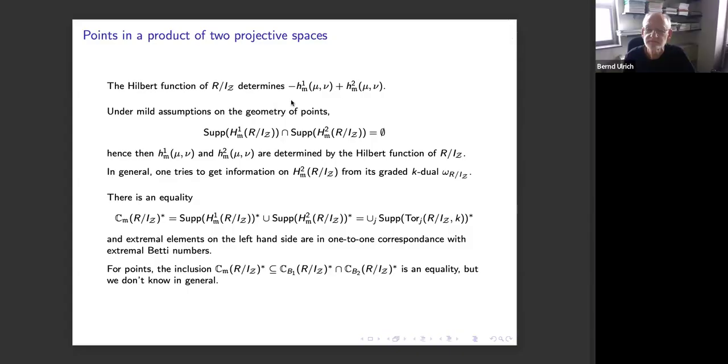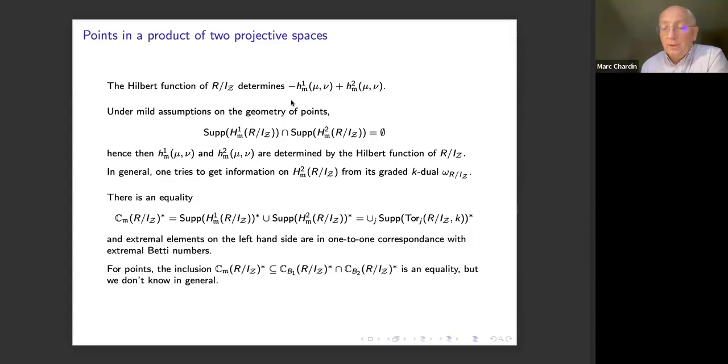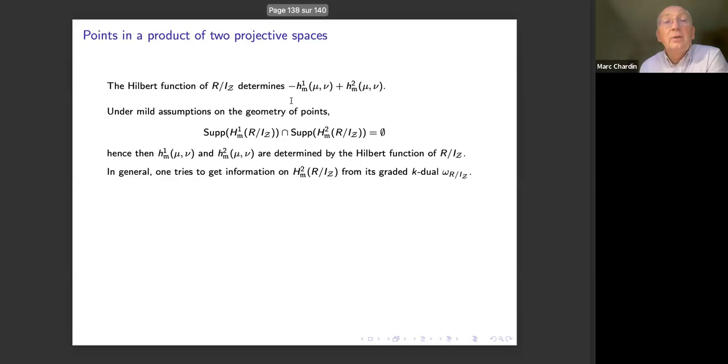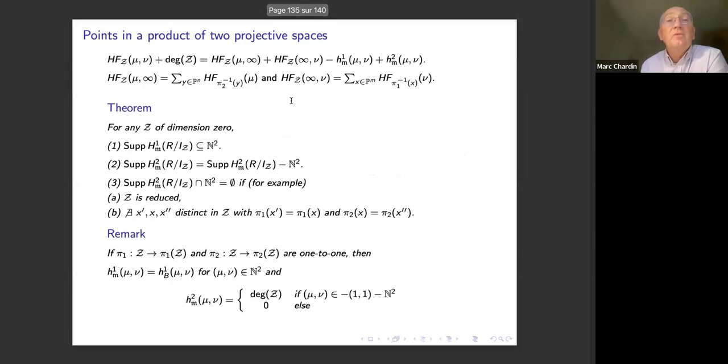But also, for instance, this formula that you have on top, where you can express from the Hilbert function these things, this extends to more.